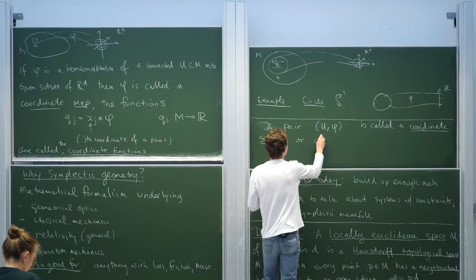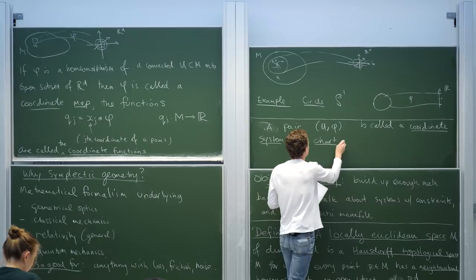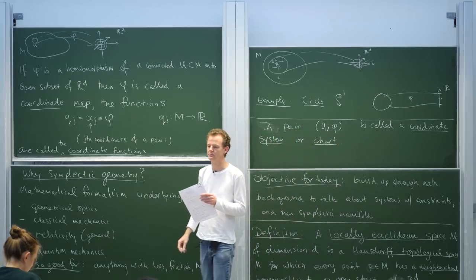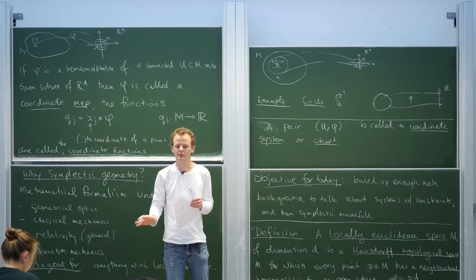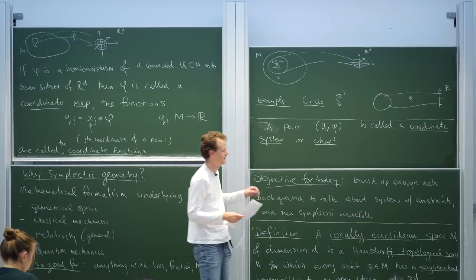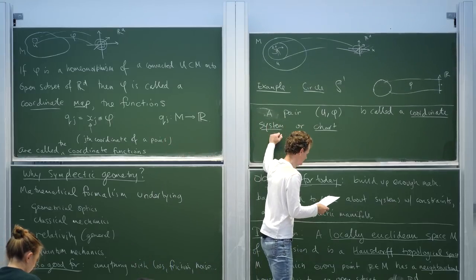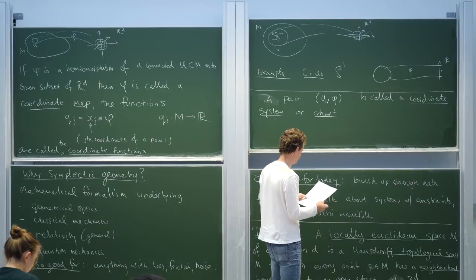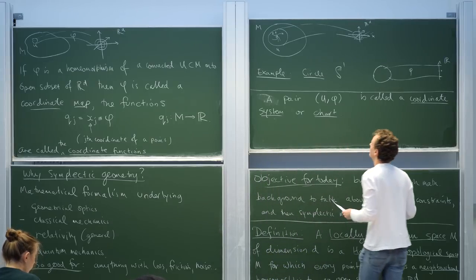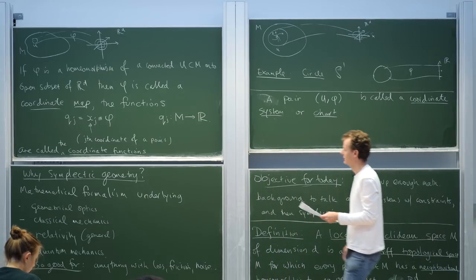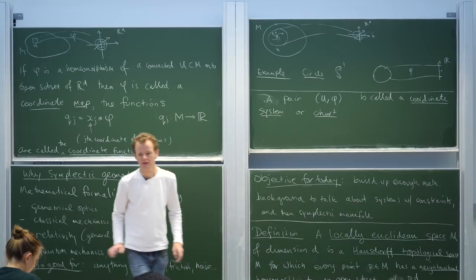Or, if you're a mathematician, a chart. If you're a mathematician, it's a chart, and if you're a physicist, it's a coordinate system. Good. Well, we got through that. It's not so bad.